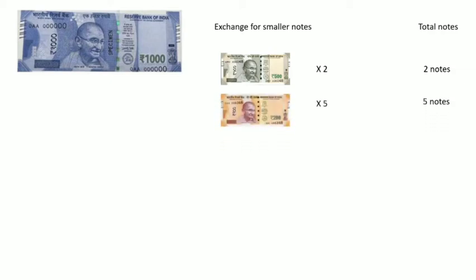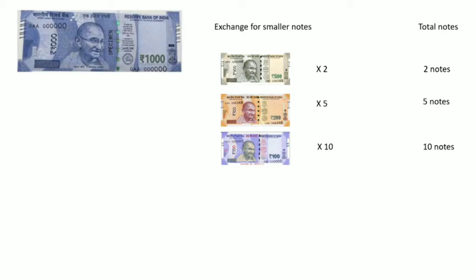If we take 5 200 rupees notes, then also it will become 1000 rupees. But we have 11 notes. So we will take 10 100 rupees notes. We will get the total notes 10.